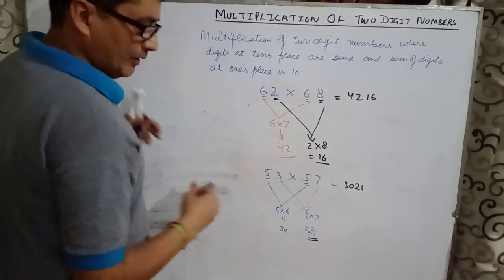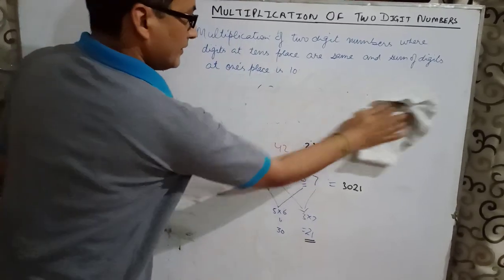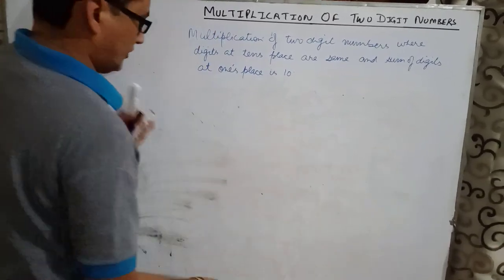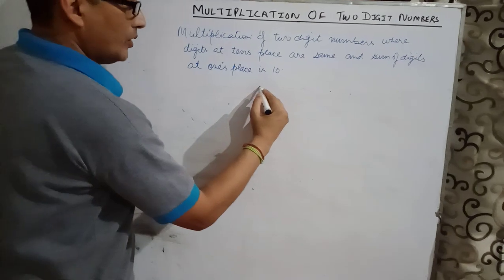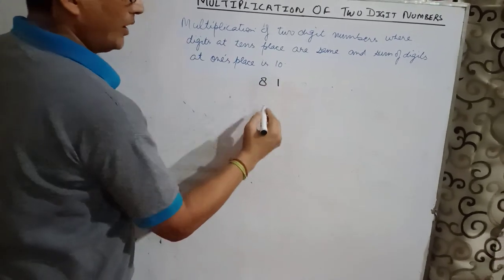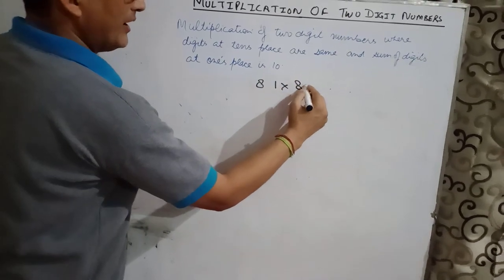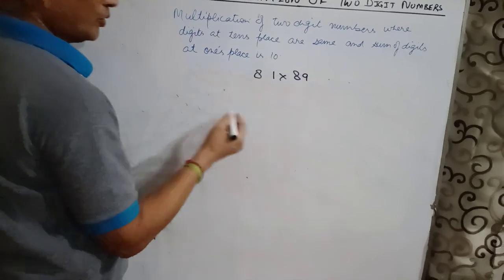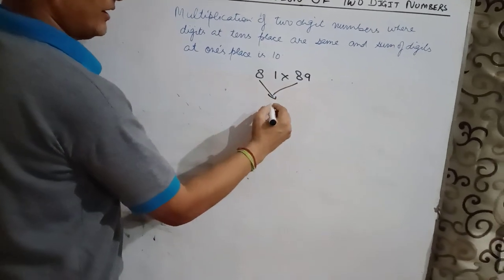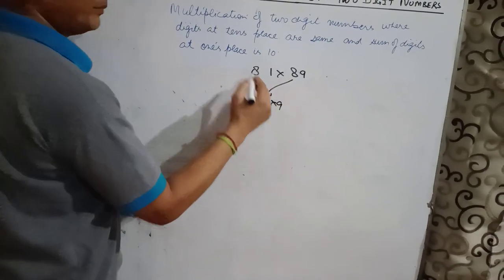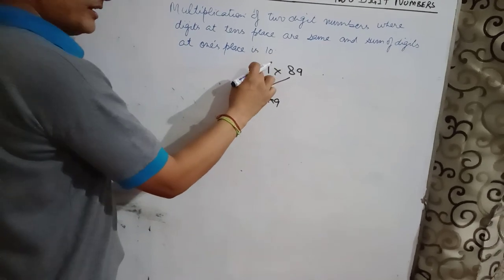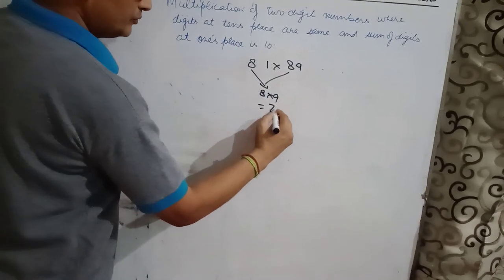Like, I'll give you one more example. 81 into 89. So 8 into 8, 8 into 9, because the number succeeding 8 is 9, gives 72.